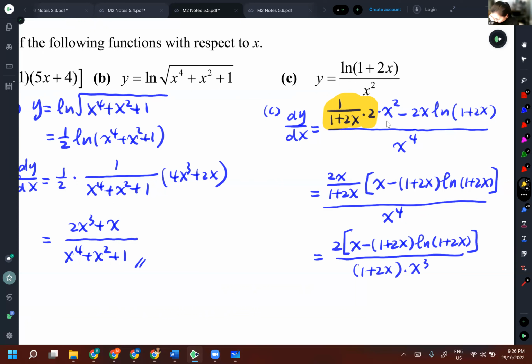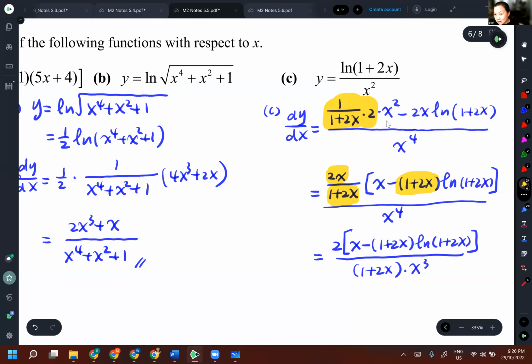This is what I do, and this is not a very common method. By common, I mean it's not commonly practiced at school. But you take out 2x. At the same time, you also take out this numerator, and then you put it inside later on.